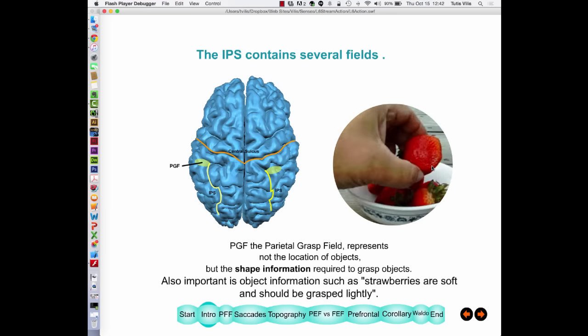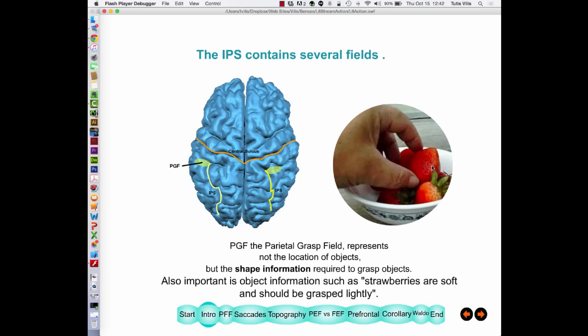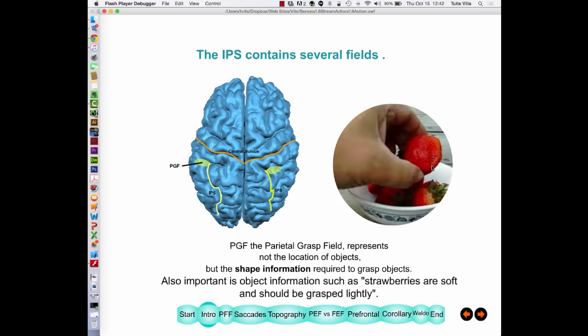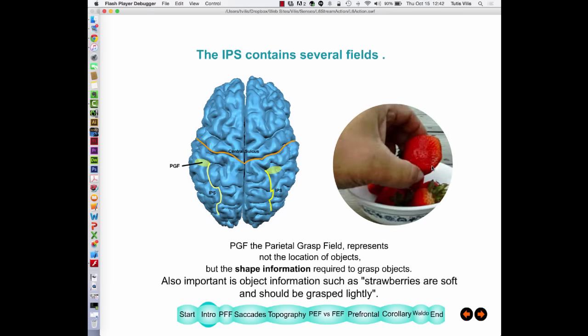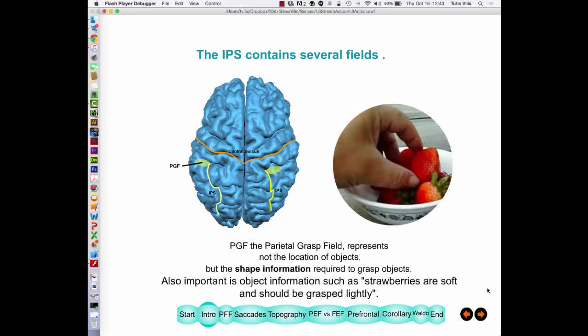But what's more important is that I recognize that it's a strawberry, and therefore I should pick it up gently. If I were to pick up a knife, I would pick it up very differently. I'd make sure that I picked it up by its handle and not by its blade.